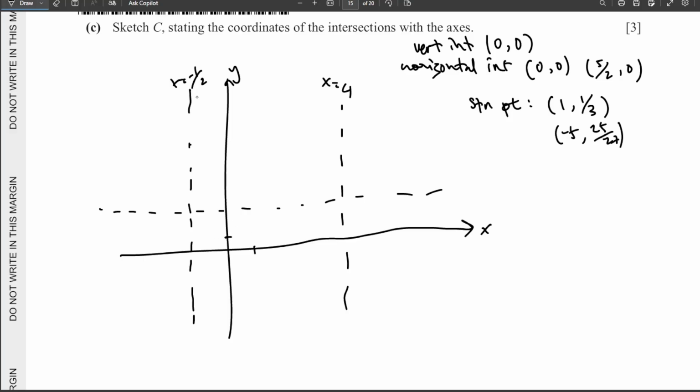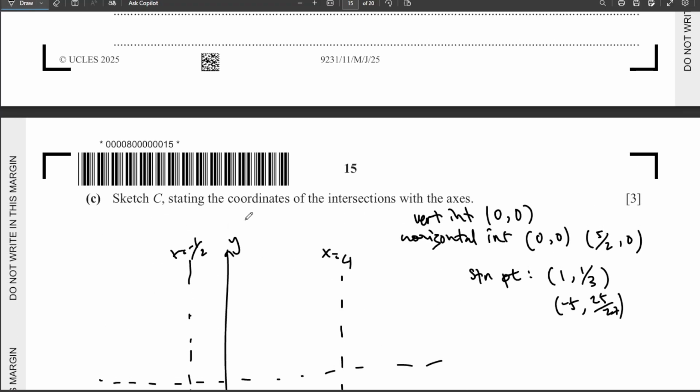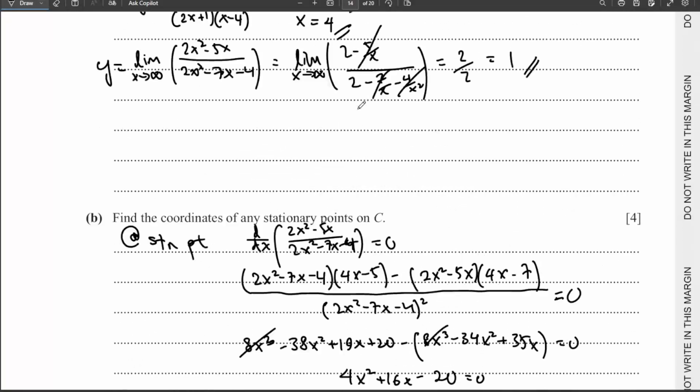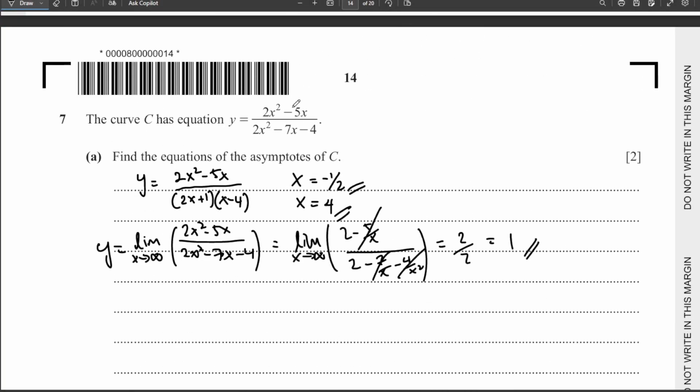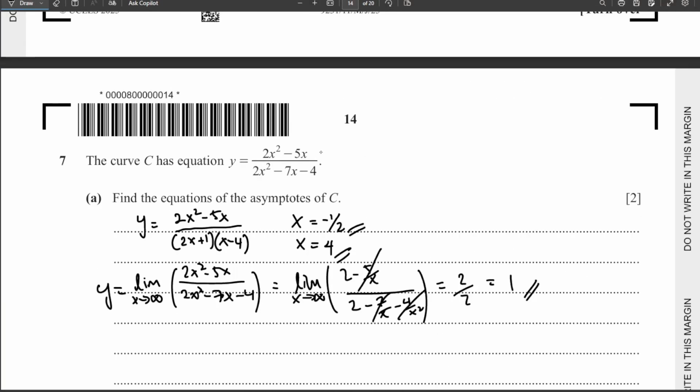So from here, it is either a smiley face or a frowny face. You can plug in some values to check. But what I can tell you is, maybe you look at the value of the top and the bottom. At the top, the two roots are x equals 0 and x equals 5 over 2. So within these two, the y value will be negative, and outside of that it is positive, right?